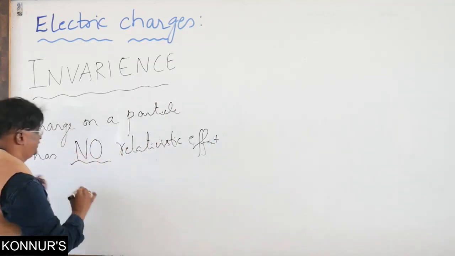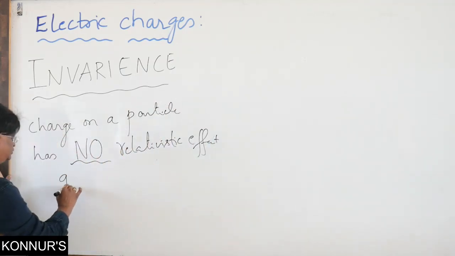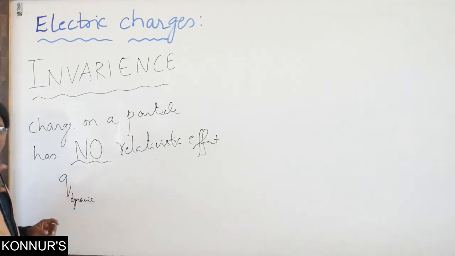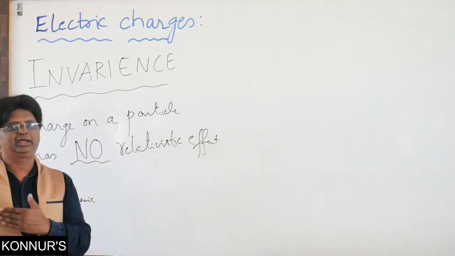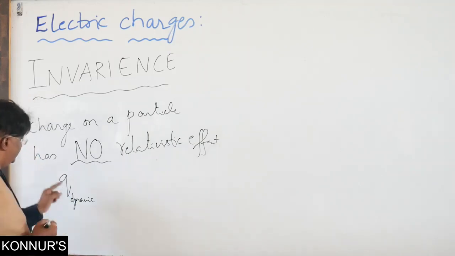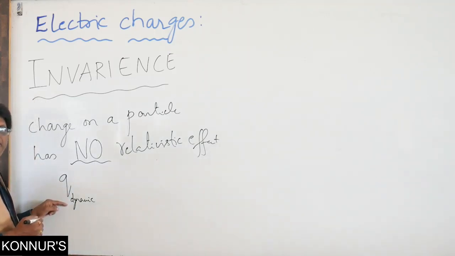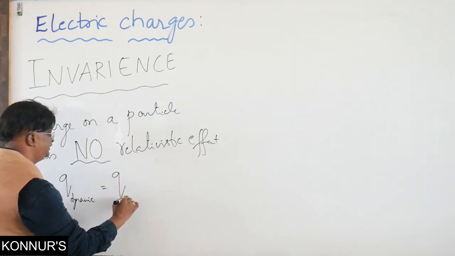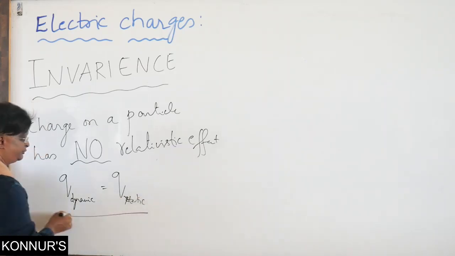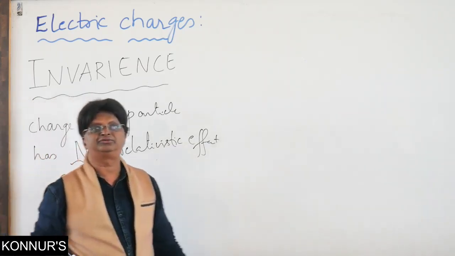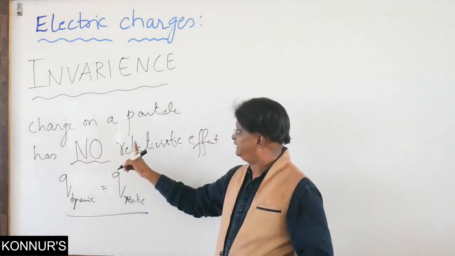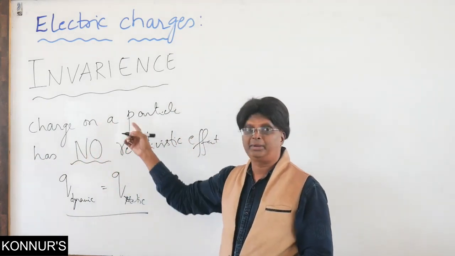Therefore, now here I am writing that Q dynamic, the charge on the particle when it is in motion, again as I told you, at speeds very high, comparable to the speed of light, is equal to the charge on the particle when it is at rest, static. So this is the property of invariance of charge. No relativistic effect on charge on the particle.